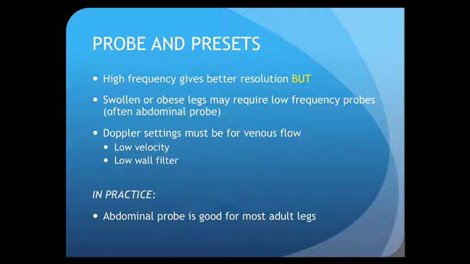So instead of being on 3 megahertz for the abdomen, I'll select the 5 megahertz and use that to look at the leg. Check that your presets when you're looking at your Doppler images are set for venous flow, because if they're set for arterial flow, then the lower velocity in the vein may not show up. In practice, for most adult legs, I'll actually use the abdominal probe set at the higher frequency range.